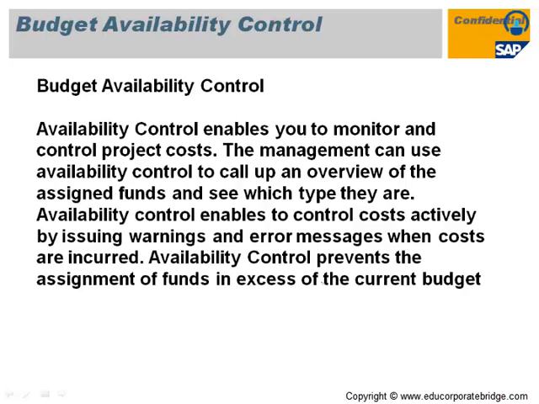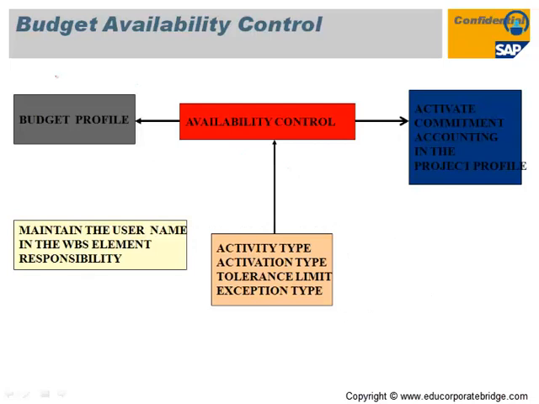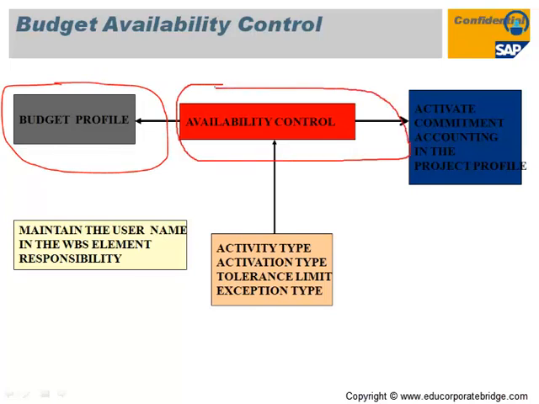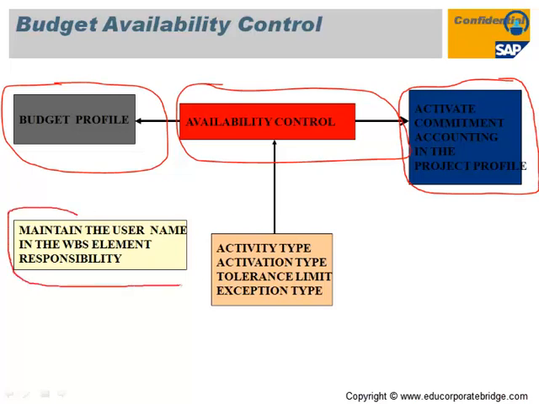You have a budget profile which is customized in the configuration part, where you set the availability control, for which availability control needs to be activated. Then you have to assign the commitments through that particular profile, and finally you have to assign that budget profile to the project profile.